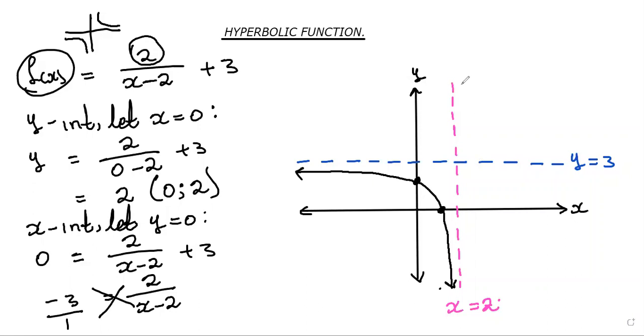And then the second arm is just going to be like that. Perfect. So you need to make sure that your arms do not touch the asymptote. Because it's an asymptote, it can't touch the asymptote.